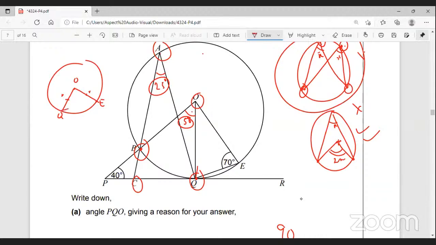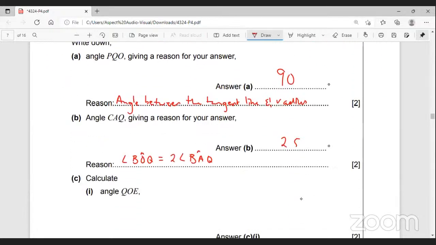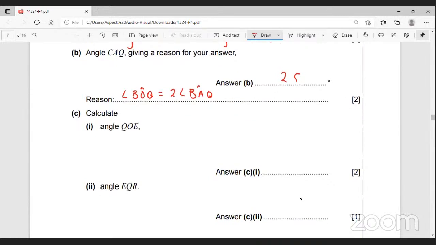So that means if this angle here is 70, just like Mr. Mugunda said, this angle will also be 70. And because it's an isosceles triangle, you'll be able to find angle QOE, which is 40 degrees. Are we together? So you will have to say 180 degrees minus 2 times 70 degrees, which will give you 40 degrees.